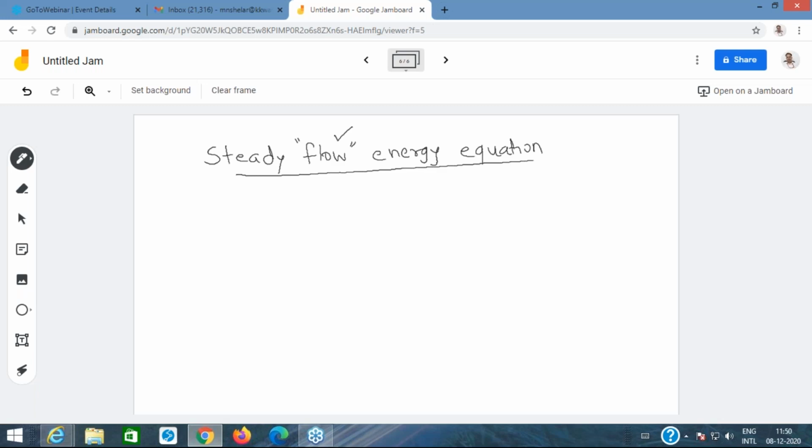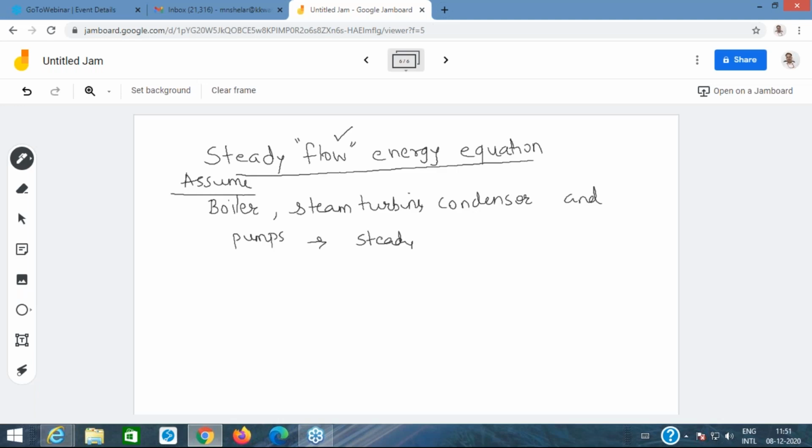So where the properties will not change with respect to time. What we will assume in this analysis is that the boiler, that is a steam generator, the steam turbine, the condenser and the pump would behave as steady flow systems, meaning that the properties of these systems would not change with respect to time.